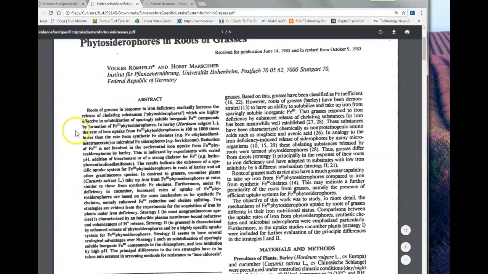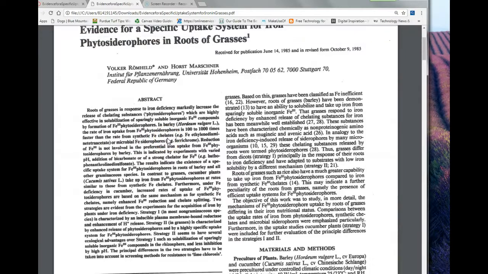So they looked at barley and the rate of iron uptake from those phytosiderophores is 100 to 1,000 times faster than the rate from your synthetic iron chelates, which you'll see are for sale on the market. And they just tie them up with a diamine and an acetate, so it fills up that space, so it can't become insoluble in the soil.